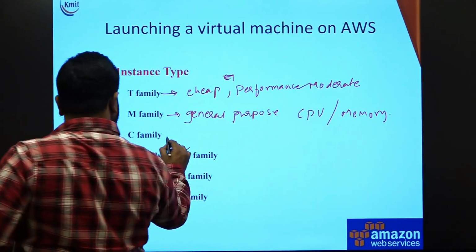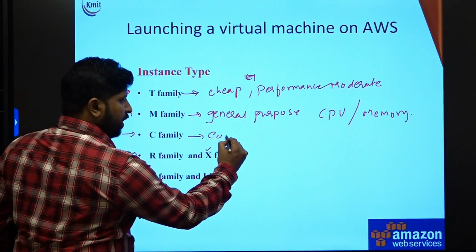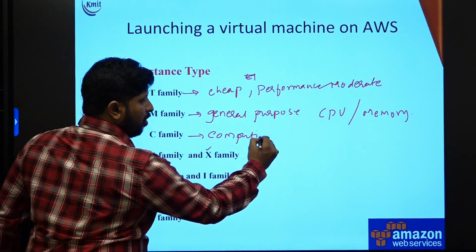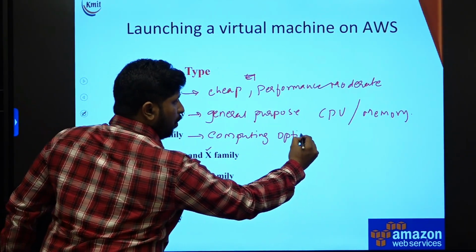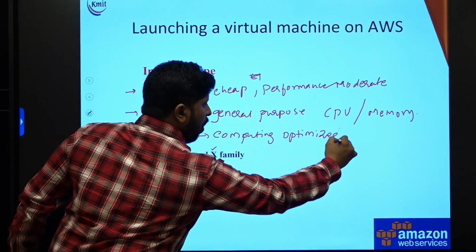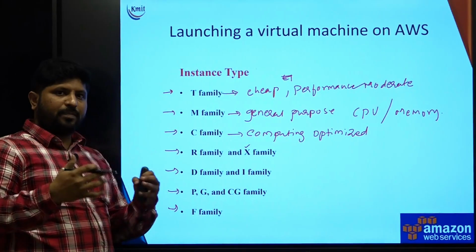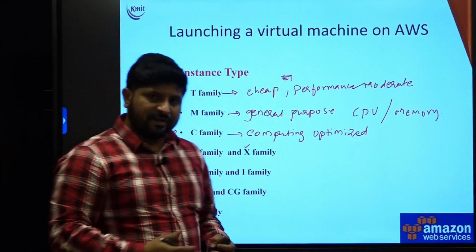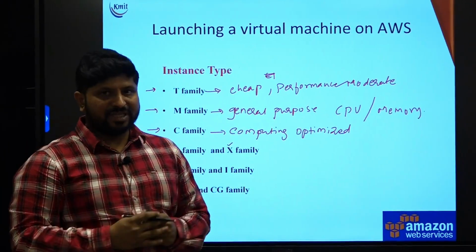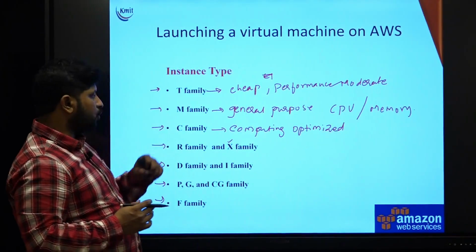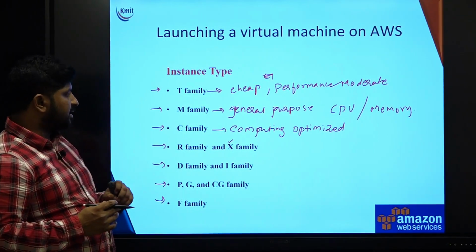Whereas C family are compute optimized, for the applications which you want to deploy on EC2 where computing power is highly required, such as high performance computing. There you can choose an instance type from the C family.